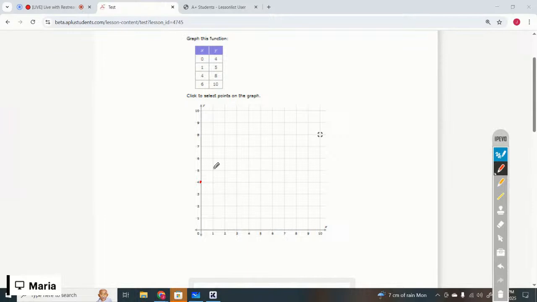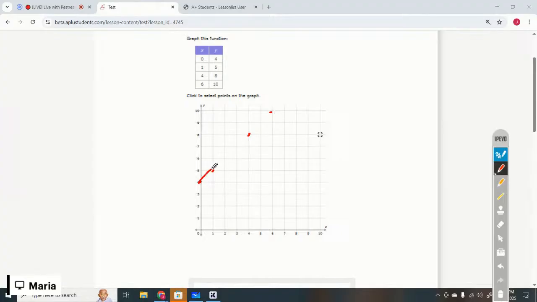X is 1, y is 5. X is 4, y is 8. X is 6 and y is 10.